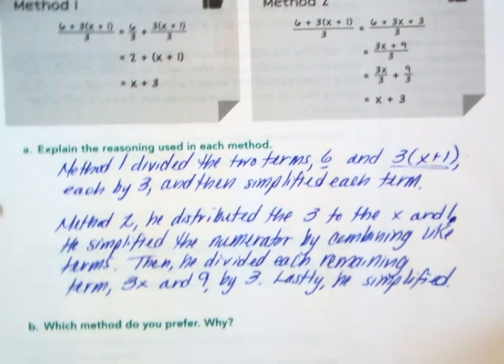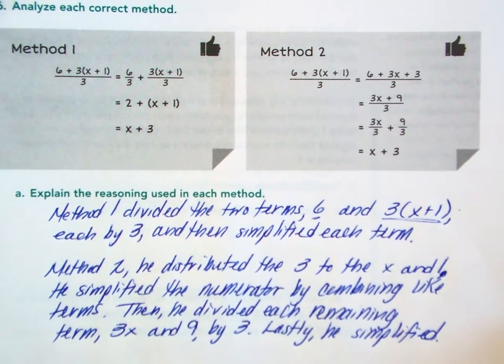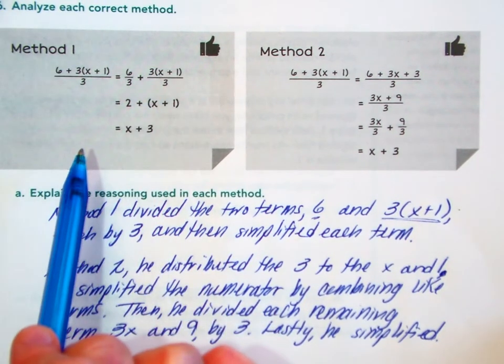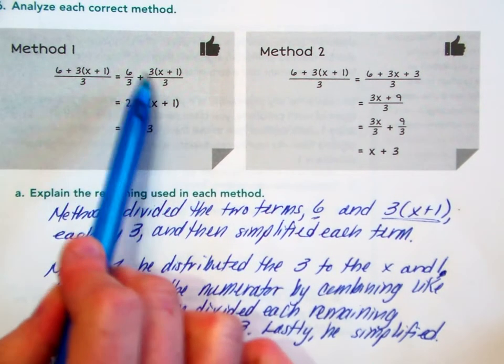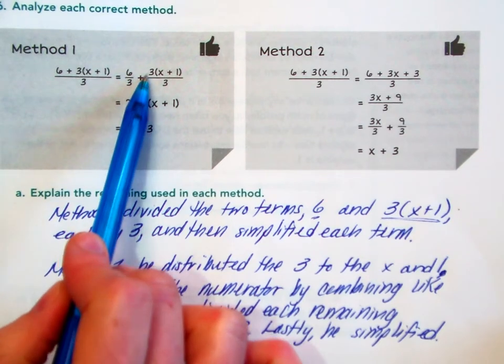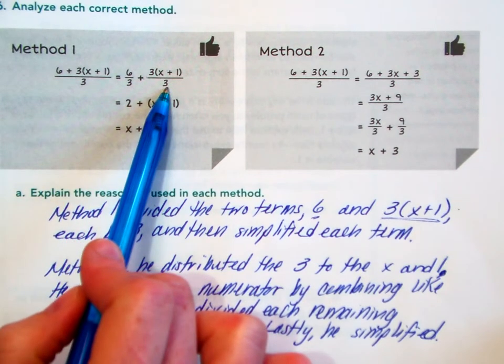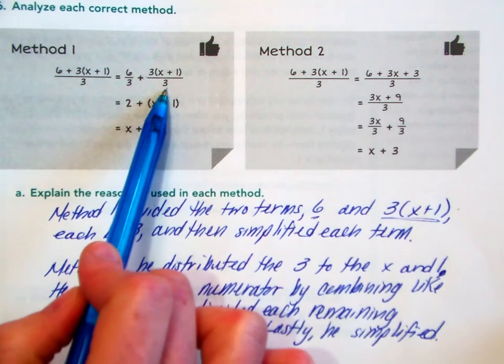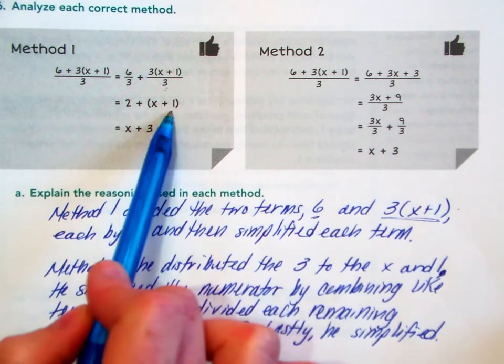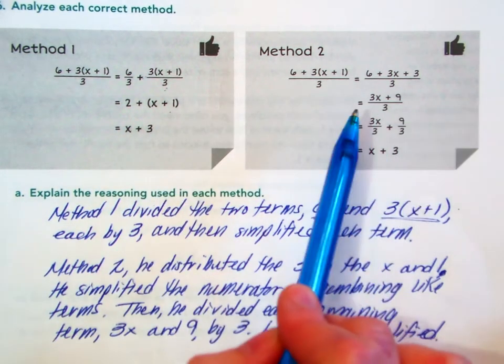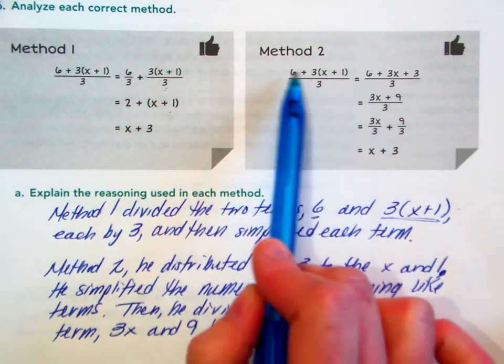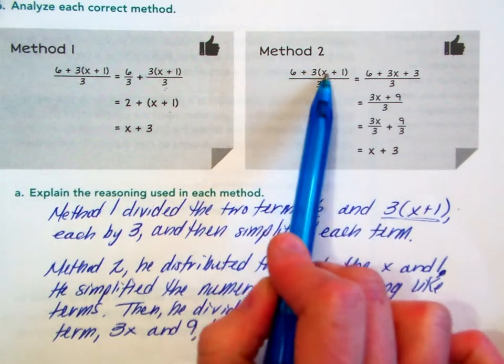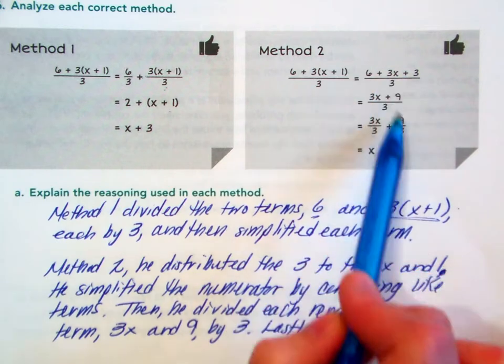So, which method do you prefer? This one seems shorter. And it works out okay as long as you can see that the 3 up here can cancel with this divisor here. If you can see that this factor can cancel with this divisor, you're good. But naturally, for me, I want to do order of operations, and I want to distribute this and then do this method.